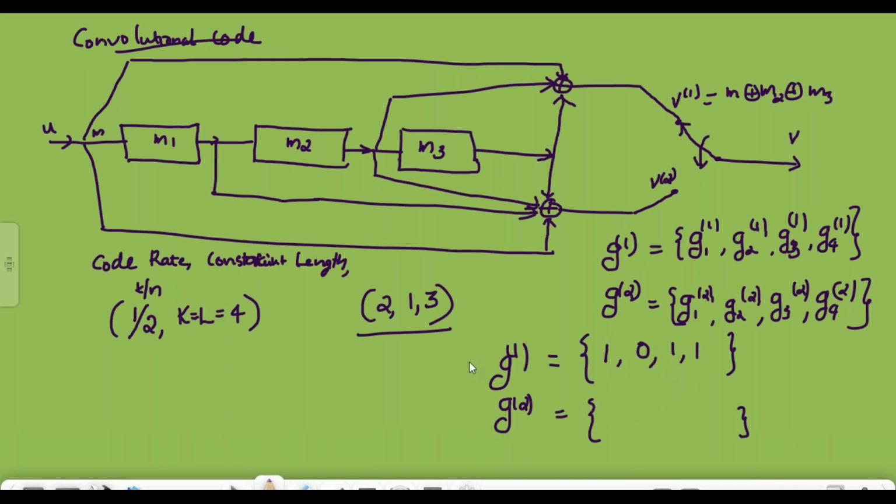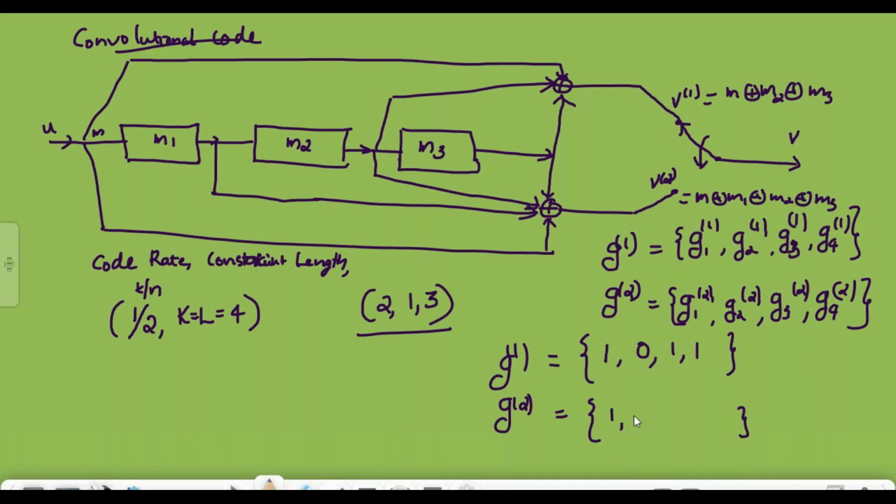Similarly for g2, the second adder element is connected to all, so v2 is equal to m XOR m1 XOR m2 XOR m3.